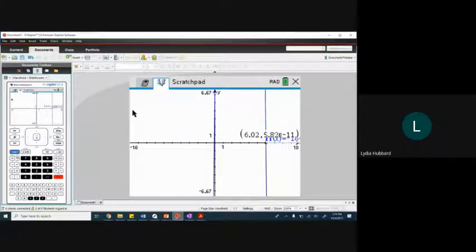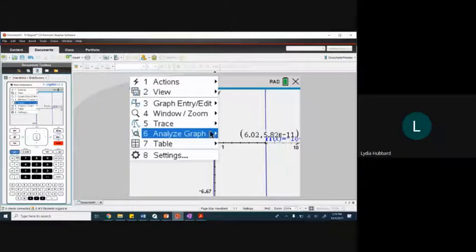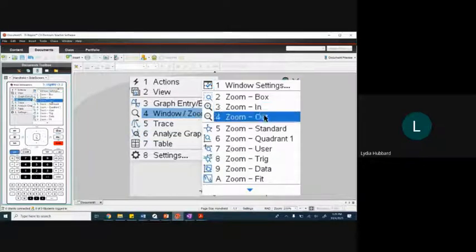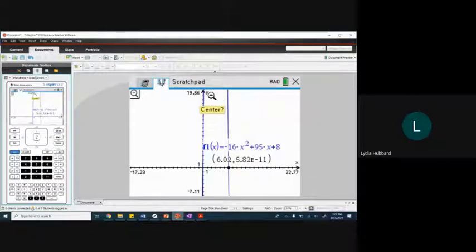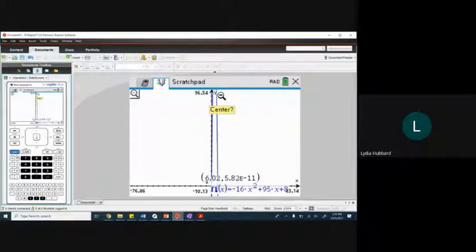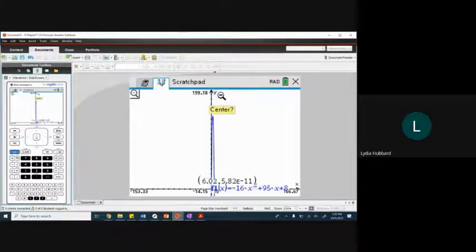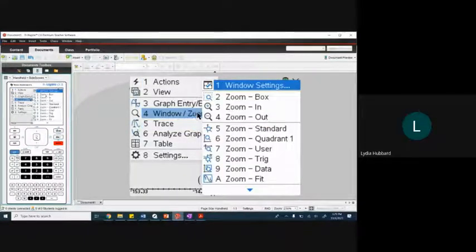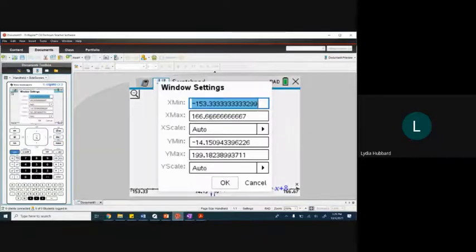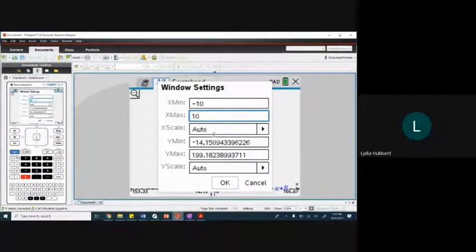Again, not a great graph, so I'm going to maybe zoom out, or we can always change the window. Either one of those is fine, just to real quick get a little bit better graph. Ooh, this is going pretty high. Okay, but then I can kind of see my whole graph. And then again, not a great window because we are zoomed out pretty far. So it may actually be wiser to go window, zoom, window settings, maybe -10 to 10 on the X values because I don't have a whole lot.